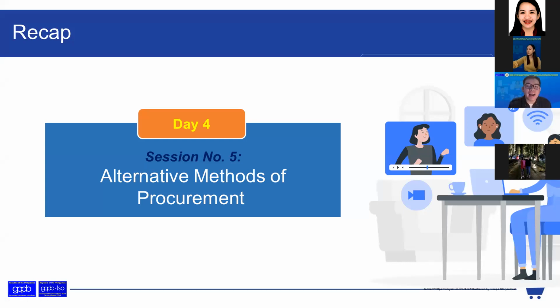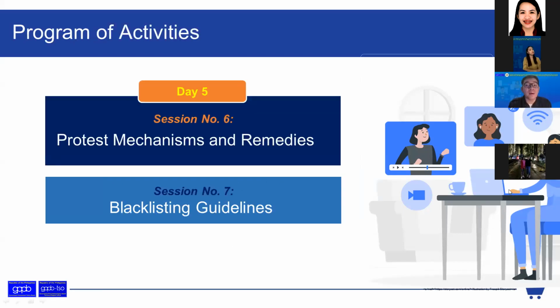Moving on, before we dive to the program proper, let us give an overview of the program of activities for the last day of our online training on government procurement. For today's activity, I am particularly excited because we will be tackling the protest mechanisms and remedies and blacklisting guidelines.